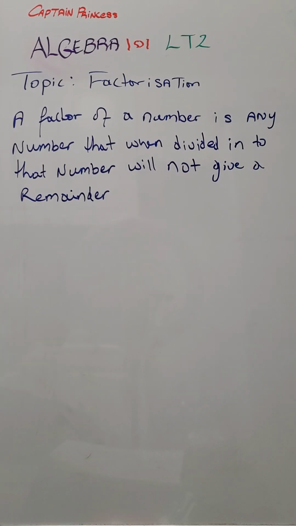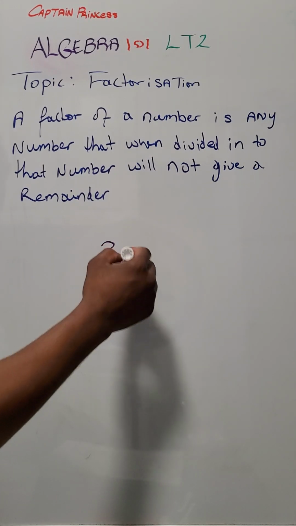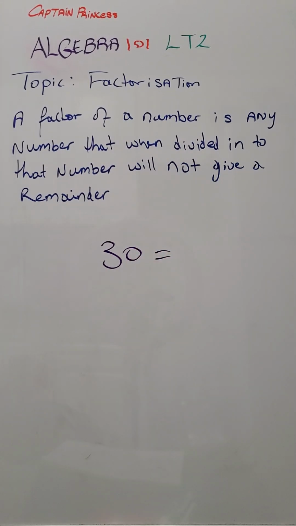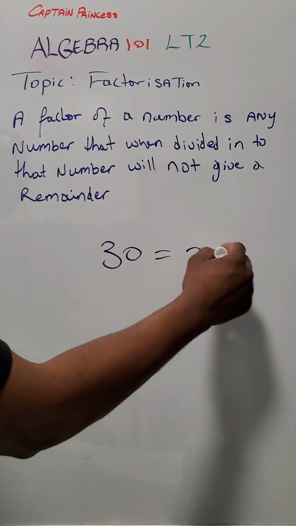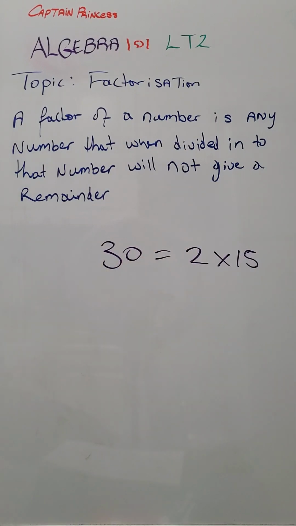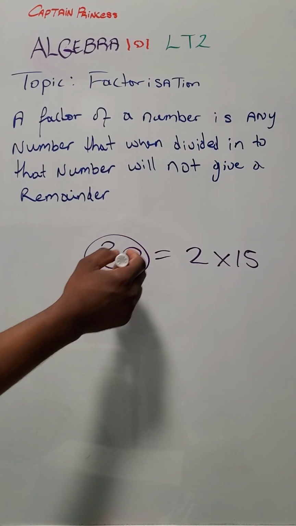For example, let us put the number 30 on the board. And you know that number 30 has quite a lot of factors, but we're only going to focus on 2 for now, which is 2 and 15.